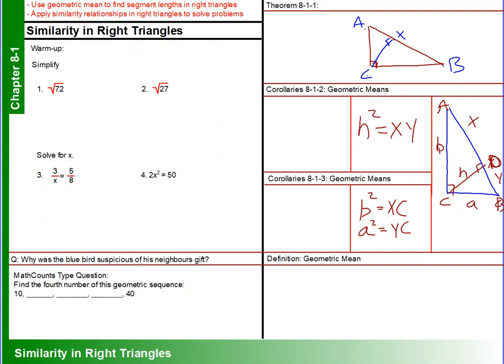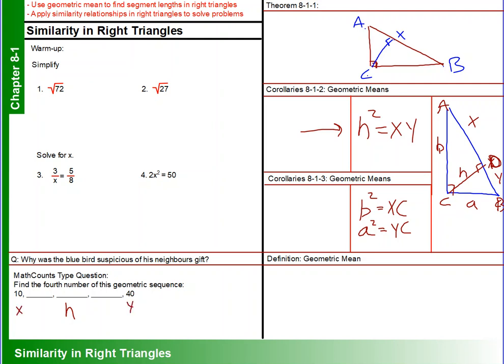Well, how does this come into play for MATHCOUNTS? Here we have a question in the bottom left corner that says find the fourth number of this geometric sequence. So we are going to use this geometric mean rule. In this case, we have h as the middle number, which would make this x, which would make this y.